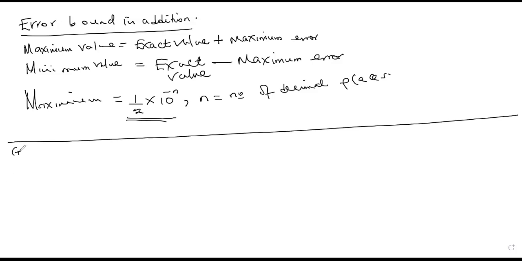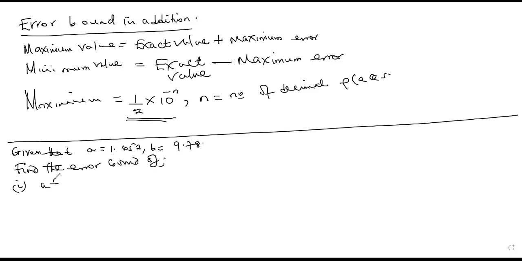Given that A is equal to 1.652 and B is equal to 9.78, find the error bound of 1, A plus B, and 2, A minus B. Let's do the solution.